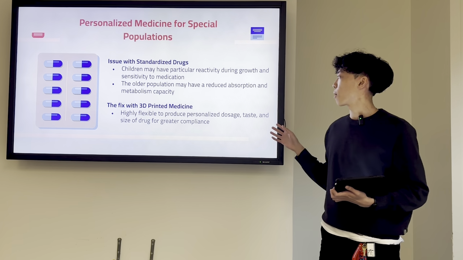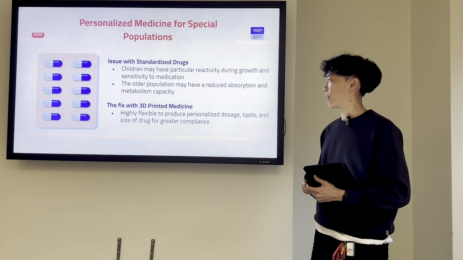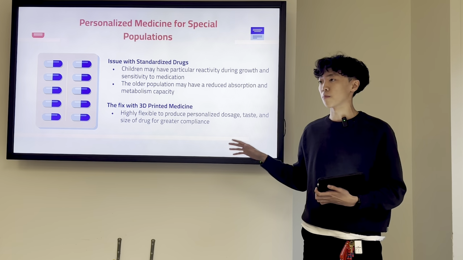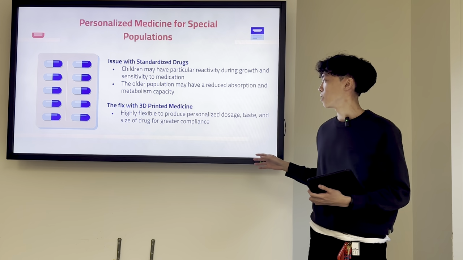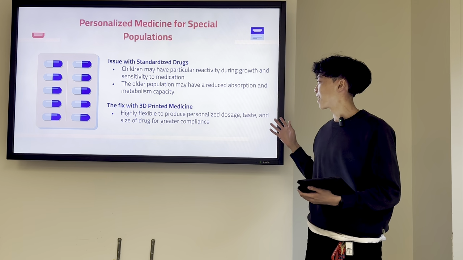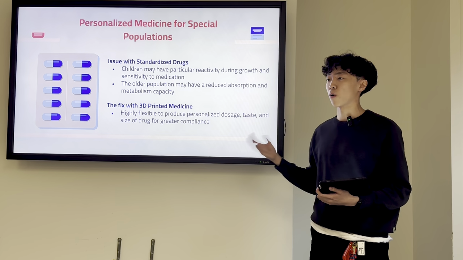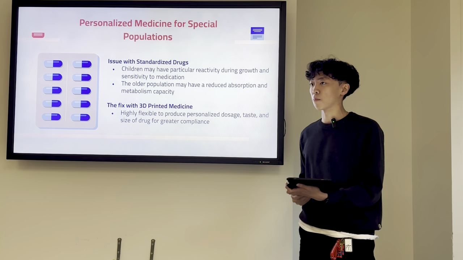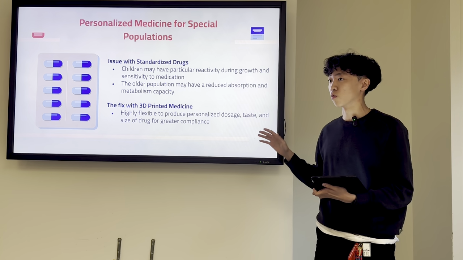The older population may have reduced absorption and metabolism, and this is where 3D printed medicine comes in, because it's highly flexible to produce personalized dosage, taste, and size for people who can't swallow large pills. It's just better for compliance for populations that cannot take the normal standardized drug.